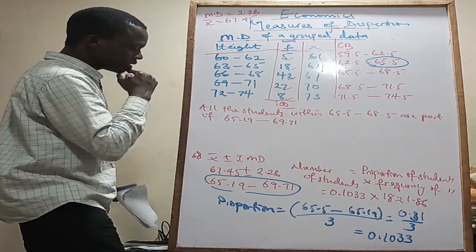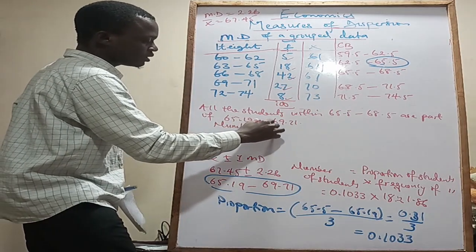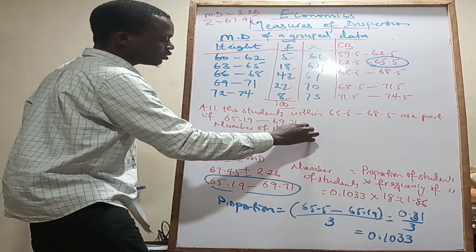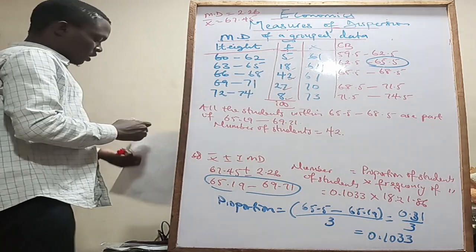So what are those students? The number of students equals 42. But are we done?